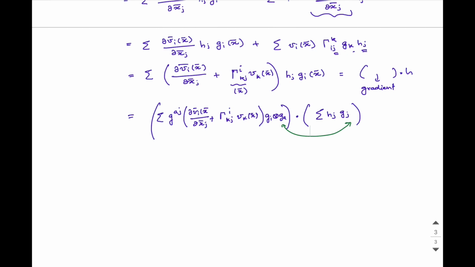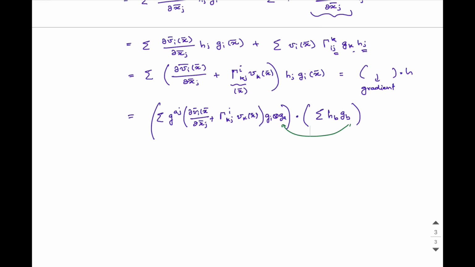Good. I mean, this is probably not the best index. I should use a different index here to avoid confusion, so maybe you can write it as, say, h_k g_k. Okay, I already used k, so sorry about this, you just need a different index, so maybe h_b g_b. Okay, why not?